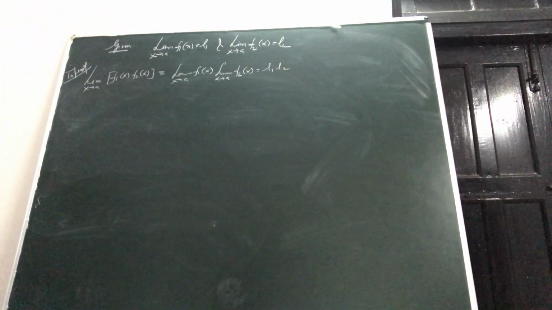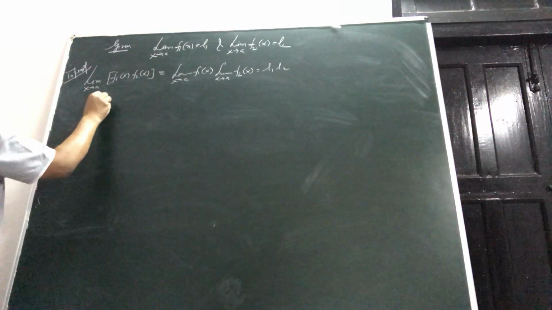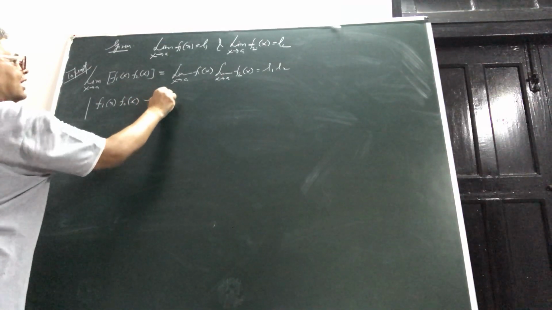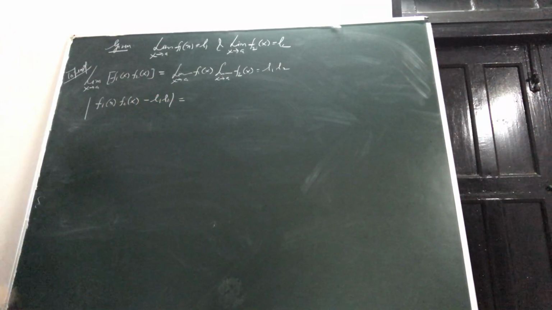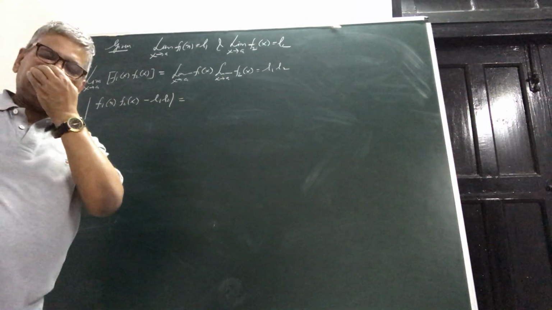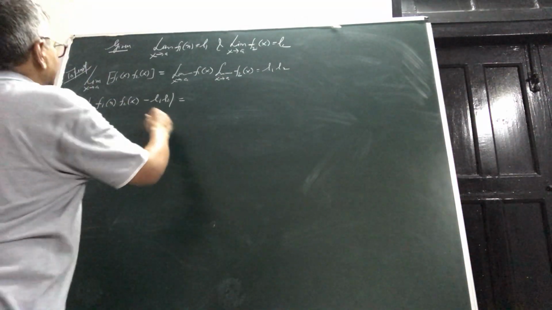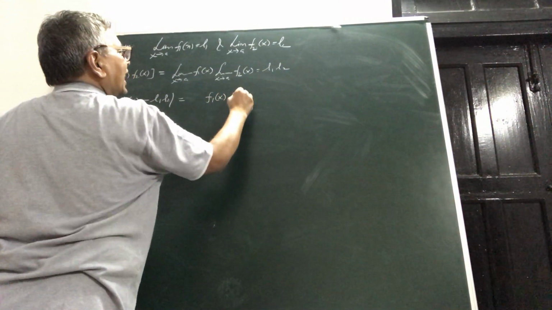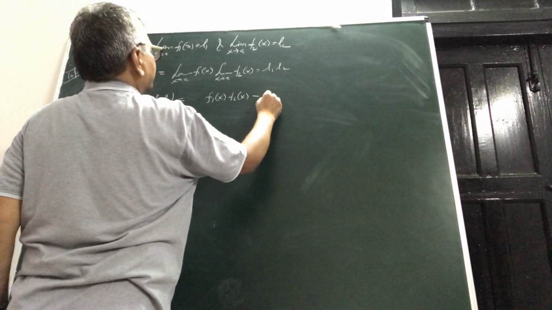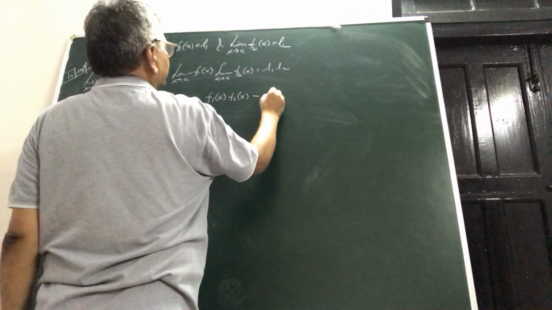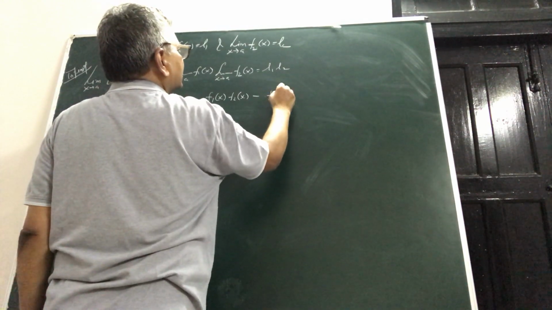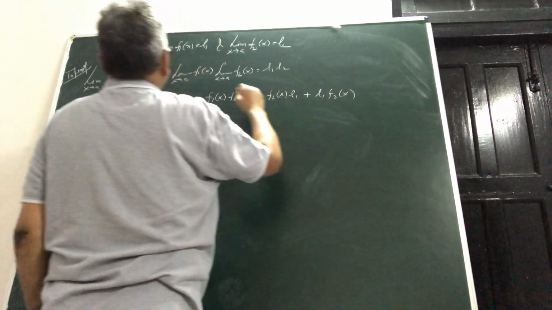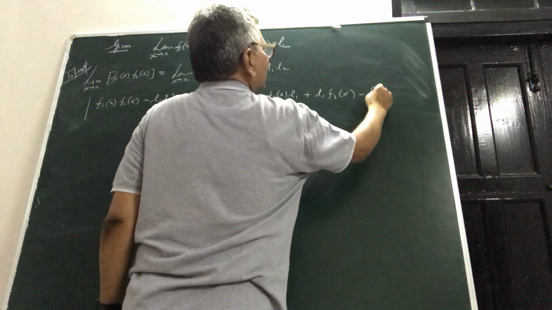So same thing, I will take mod of f1x f2x minus L1 L2. Let me simplify this so that you can understand why I am writing like this. You write f1x f2x, and then subtract f2x L1 and add f2x L1, and then rewrite L1 L2 minus L1 L2.